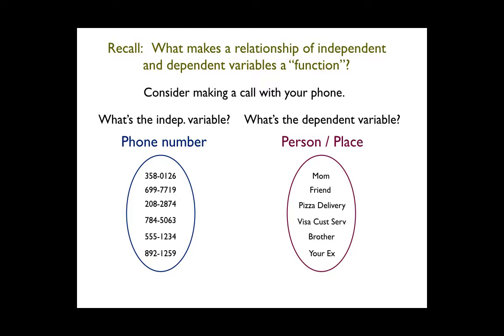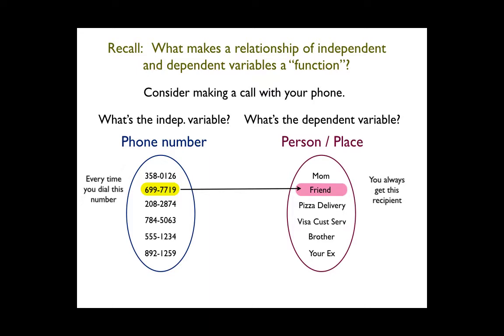So if your phone is functioning properly, then when you dial enough numbers, you get one specific person. If I dial that number, I get Visa customer service or whatever it is. Or if I dial this other number, I get my friend all the time. I don't sometimes get my friend and sometimes get Visa customer service, depending on the whims of my phone.